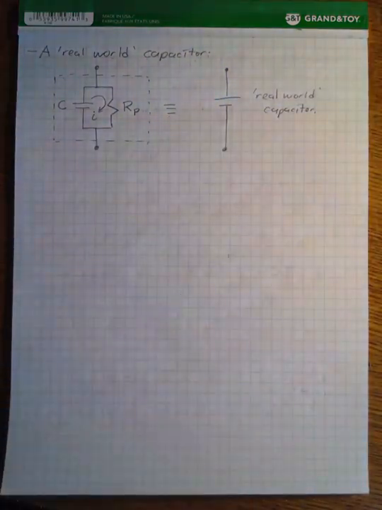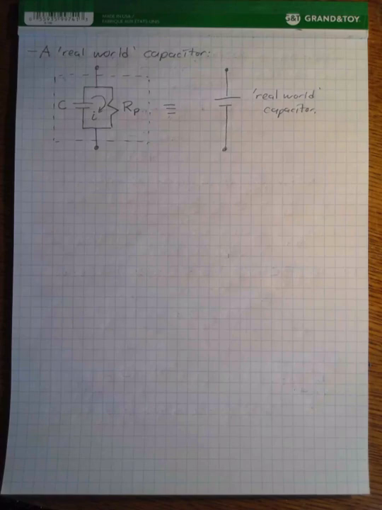For the purposes of this class, when we're doing theoretical questions, when we're doing simulations and stuff like that, you can assume that our capacitors are perfect, ideal capacitors that never leak charge. But we will be doing several things in the course that allow you to also take this parasitic resistance into account. I will be very clear when you need to take that into account. So if I don't state otherwise, you can just assume that the capacitors we're working with are the perfect ideal ones that do not leak charge.